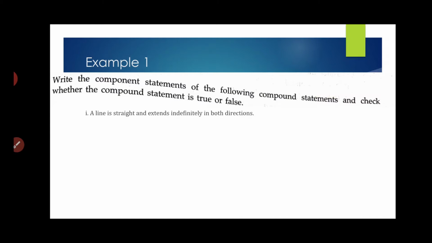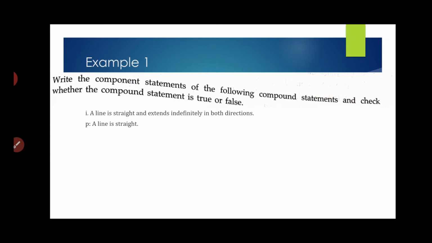So the first example: a line is straight and extends indefinitely in both directions. Fine, this is our compound statement. So from here I have to write the component statements or component propositions, and we have to write if it is true or false. Now it is pretty easy to see the component statements.